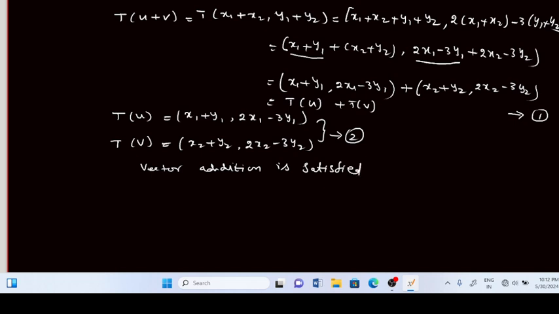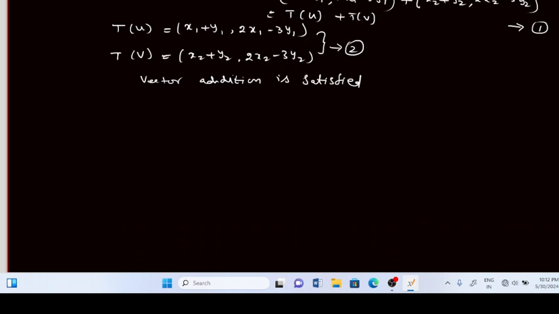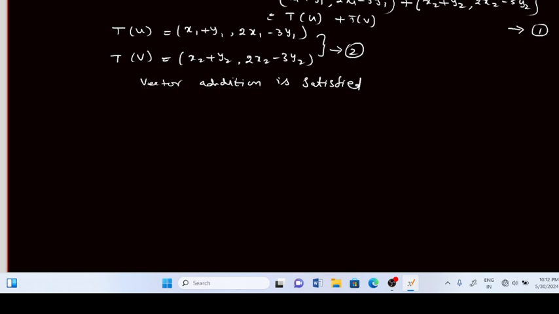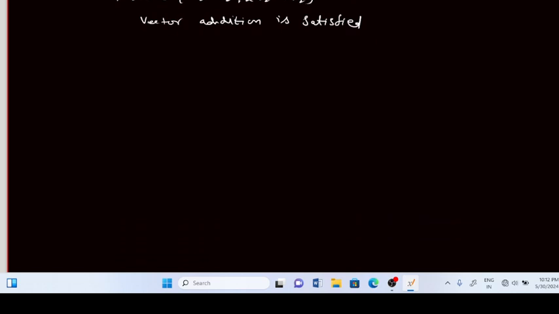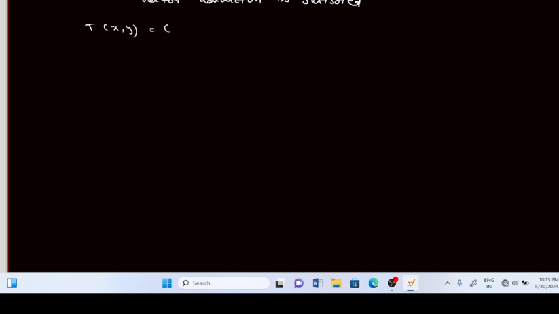Now let us consider the scalar multiplication. The question is T of (x, y) is (x plus y, 2x minus 3y). So here, T of (c times u).